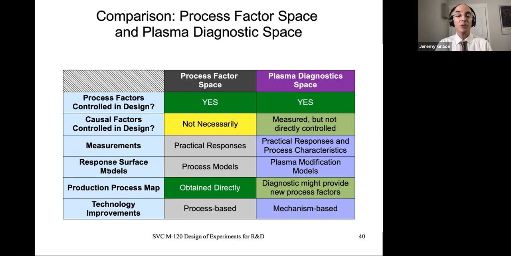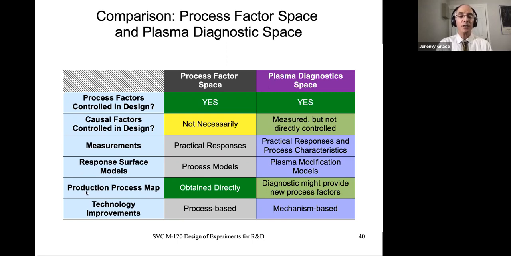And then when we generate response surface models, in the process models that you get in the process factor space, yes, you have a response surface model for that process. When you add the plasma diagnostics, you end up with potentially a plasma modification model, which you saw me sort of unpack at the end.